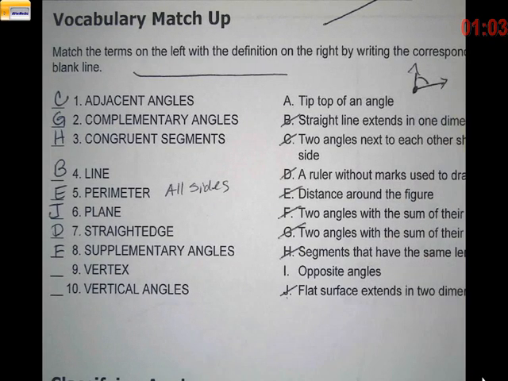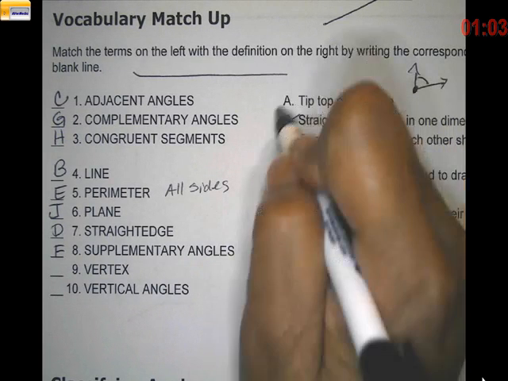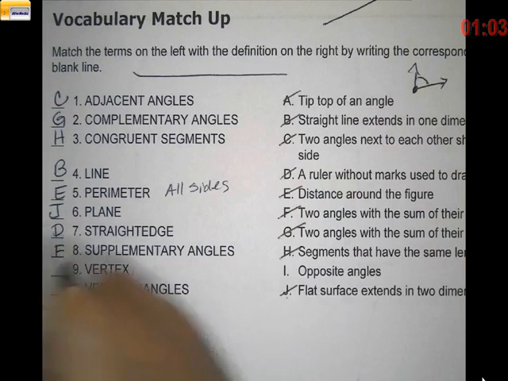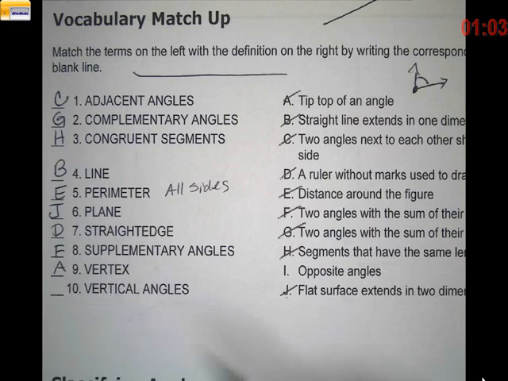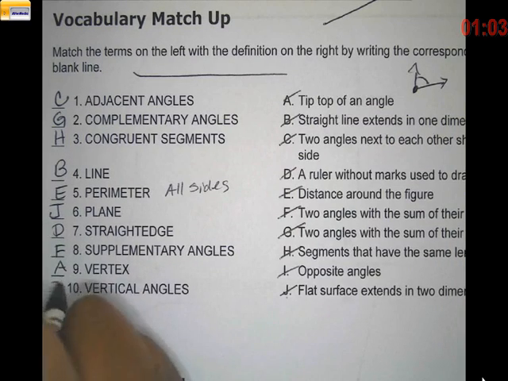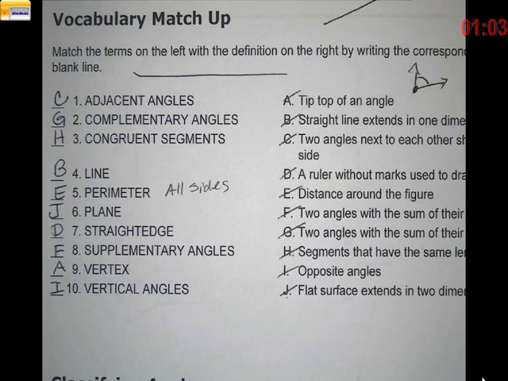That's the top of the angle. So that'll be A. What about the last one? You know what vertical angles are, right? I. Opposite angles are equal. Anytime you see vertical angles, you need to say opposite angles are equal. So if you missed any of those, you need to review all that vocabulary in your packet, okay?